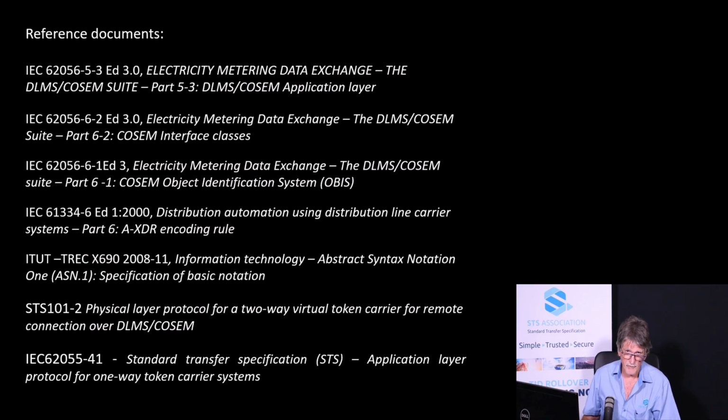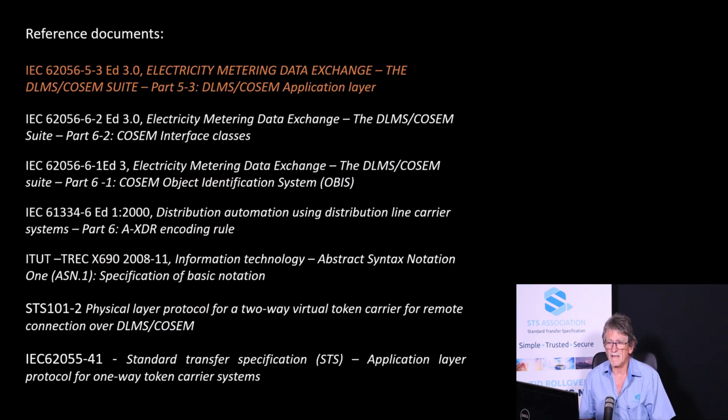If we look at the reference documents used, then we can see that there's quite a number, the first being 62056-5-3, edition 3, which is Electricity Metering Data Exchange, or the DLMS COSEM Suite, part 5.3, application layer. Then you have 62056-6-2, which is the COSEM interface class.